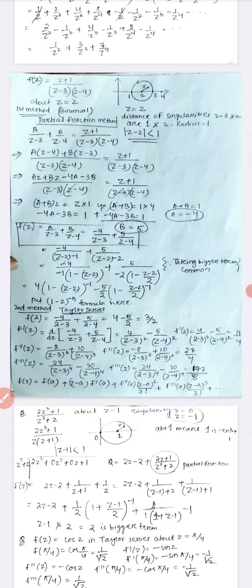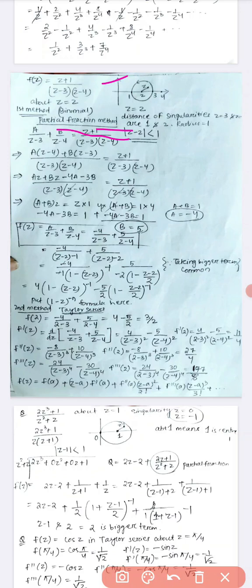The denominator cancels out, and equate the coefficients of z to the coefficients of z, that is 1 here, so a plus b equals 1, and the constants are equated to 1 here, that is minus 4a minus 3b equals 1. Then solve these two equations. We will get a value minus 4 and b value 5. We will get the required fraction, that is minus 4 by z minus 3 plus 5 by z minus 4.